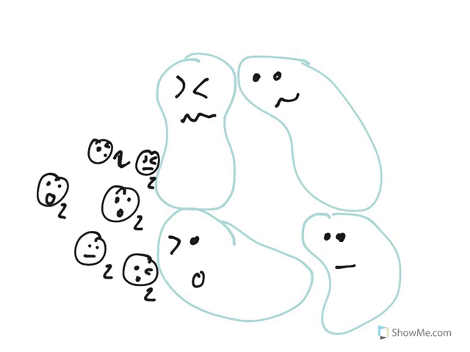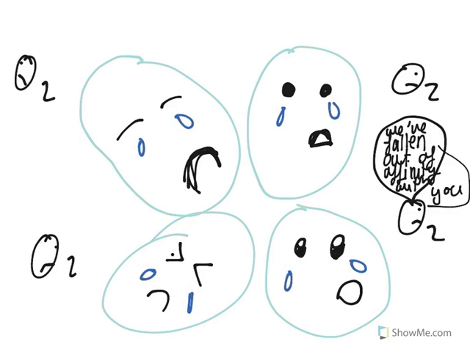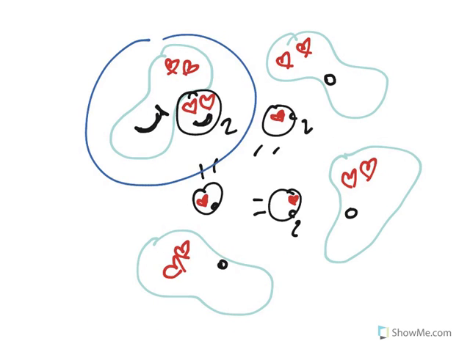I'm not sure if I told you, but this change in structure, the change of arrangement of the hemoglobin molecules, is called a conformation.